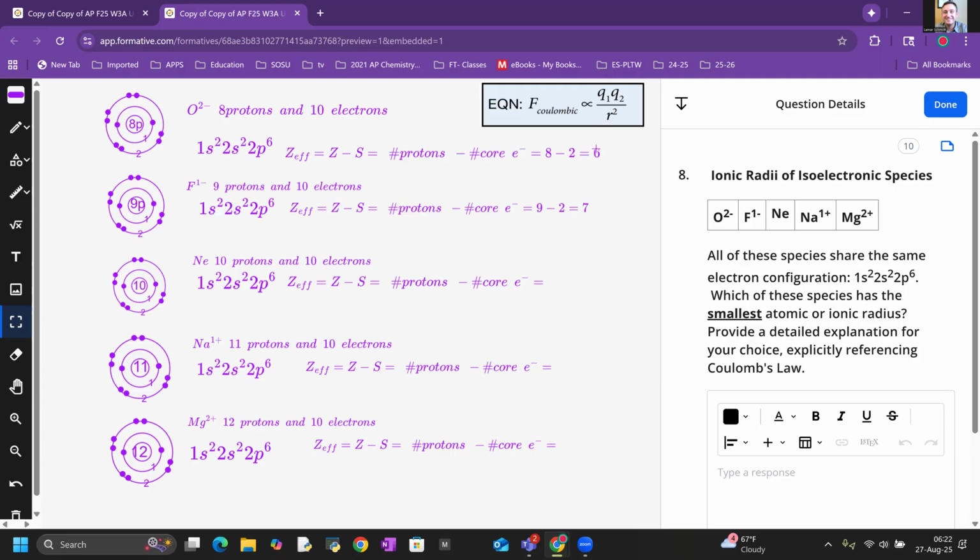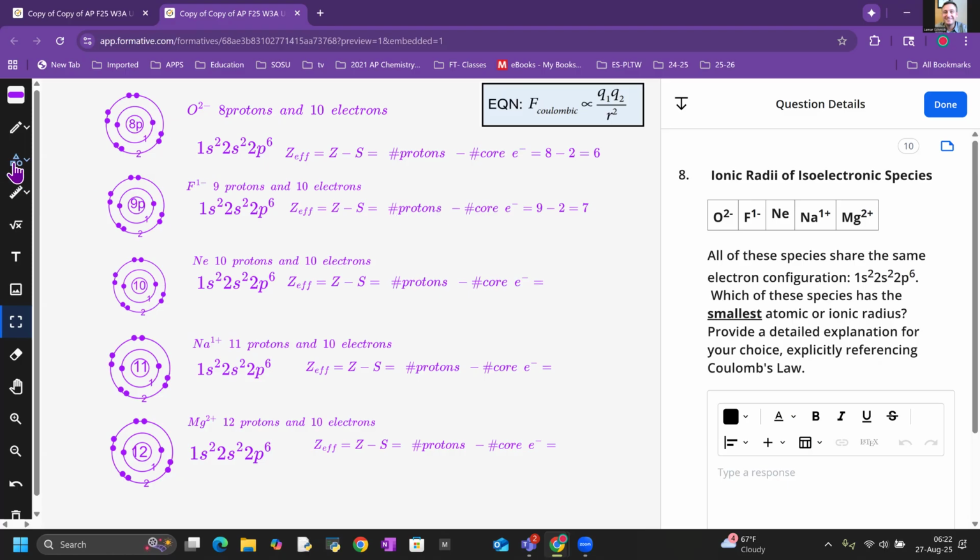than that of fluoride, the force of attraction between the protons in oxygen and the valence electrons in oxygen is weaker than the force of attraction between the protons in fluoride and the valence electrons of fluoride.